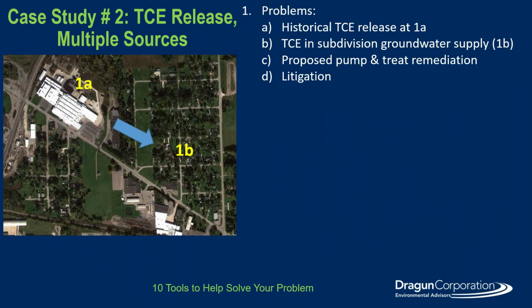The second case study is a historical release of TCE at this manufacturing plant that dealt with aluminum tubing. There was also TCE in the groundwater in the subdivision, and the people in the subdivision used the groundwater for their water supply.